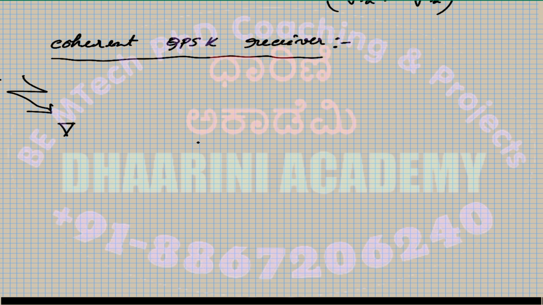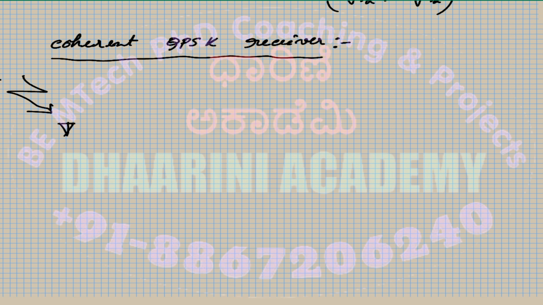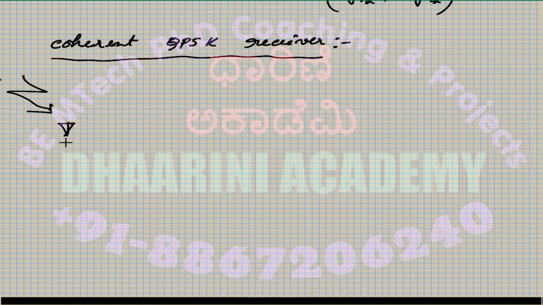This is the signal which is coming up, and this is the antenna, and through the antenna, let us assume that we are picking up the signal. So I'll write here, this is the received signal. Let's denote that as x of t.